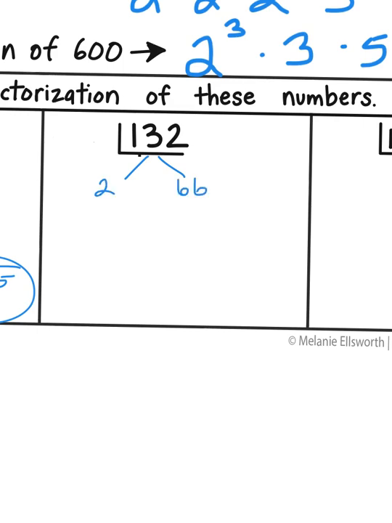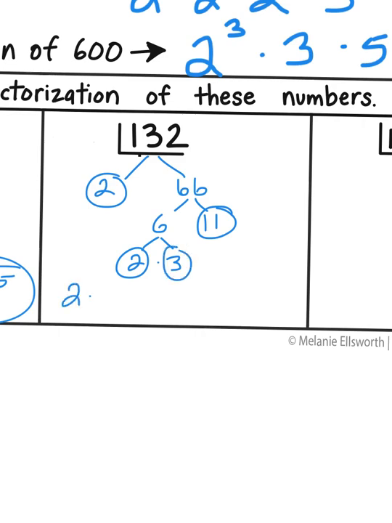Otherwise I could have used 11 and 12. 2 is prime, 66 is not, but I know that 6 times 11 is 66. 11 is prime, and then 6 is 2 times 3. So the prime factorization is going to be 2 times 2 times 3 times 11, which is also the same as 2 to the second times 3 times 11.